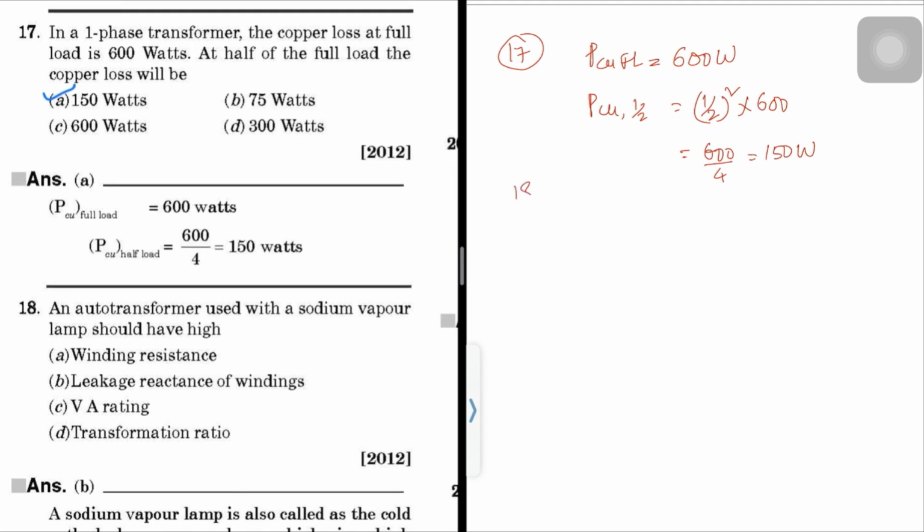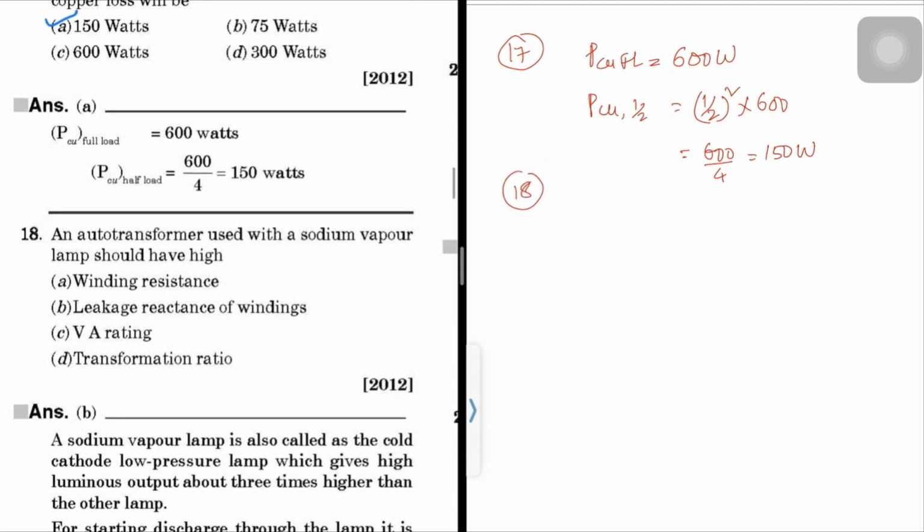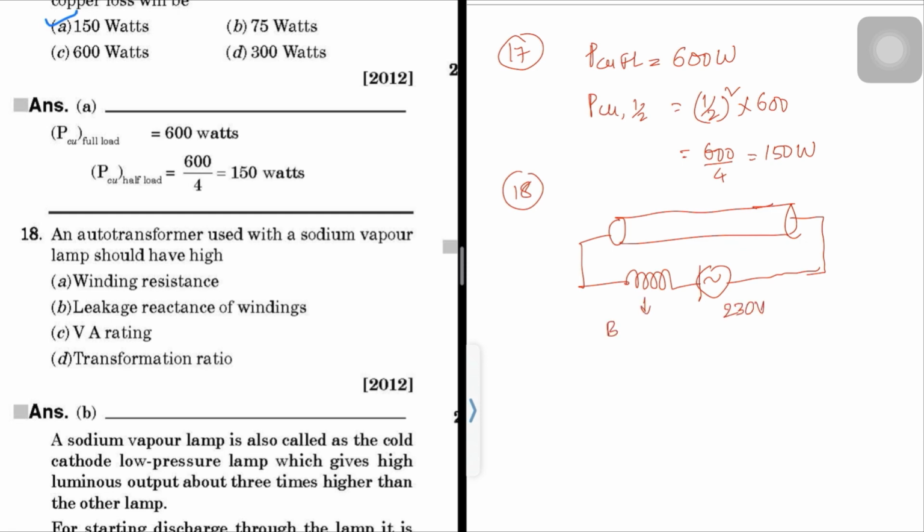Now coming to the 18th question: an auto transformer used with a sodium vapor lamp should have high. Suppose this is the lamp, the sodium vapor lamp. Usually we use a ballast, and then the supply. Generally this is 230 volt and this is the ballast.